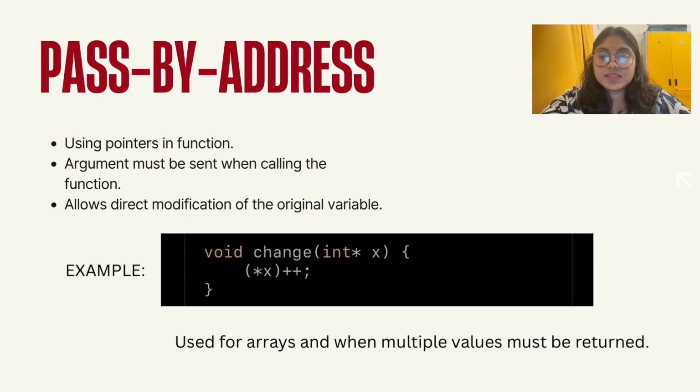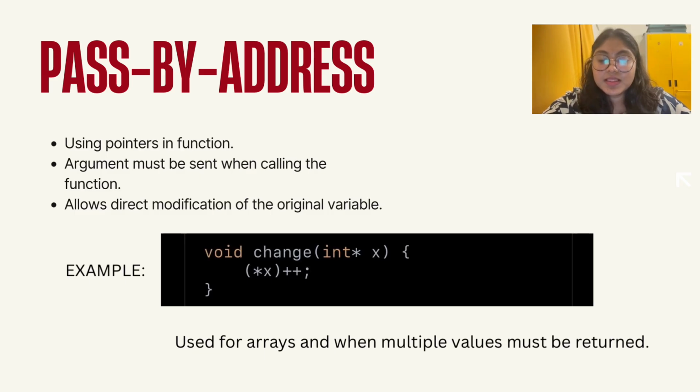The next one is pass by address. Pass by address uses a pointer to send the memory address of a variable to a function. The key point is it uses pointer, asterisk, and ampersand symbols. It allows direct modification of the original variable and is very important in C programming.